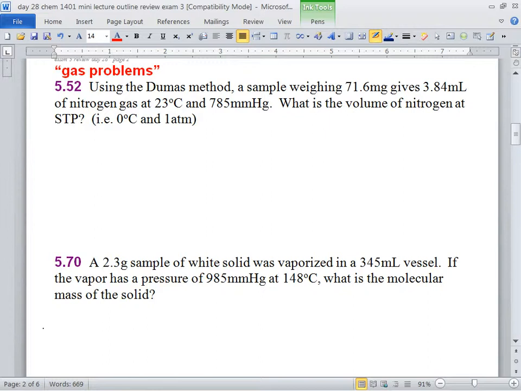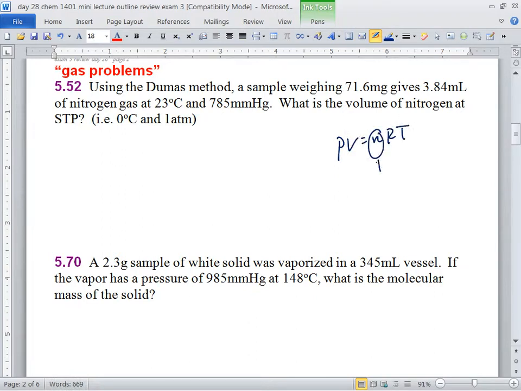Any ideas on 52? If you use PV equals nRT, you're assuming what are you going to use for your n? To me, that's the problem. What would n be if you use that one?